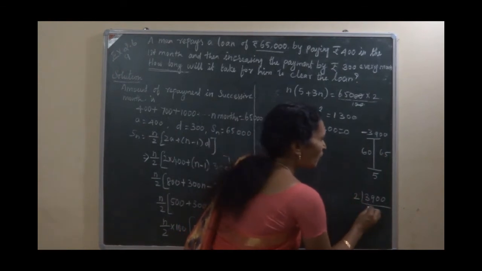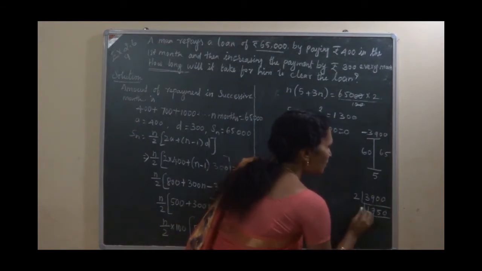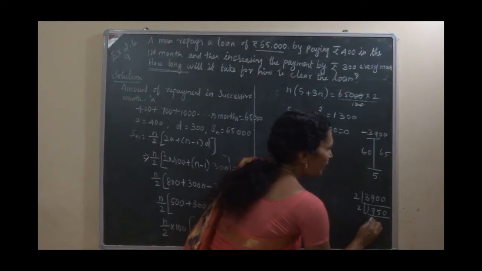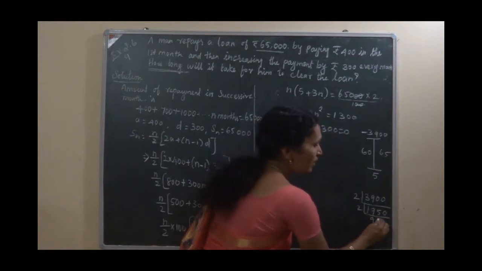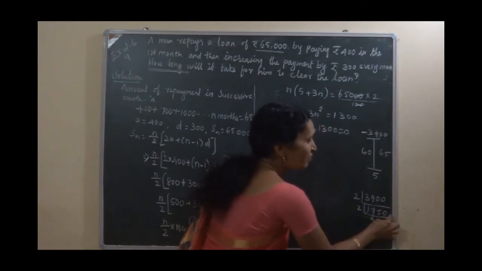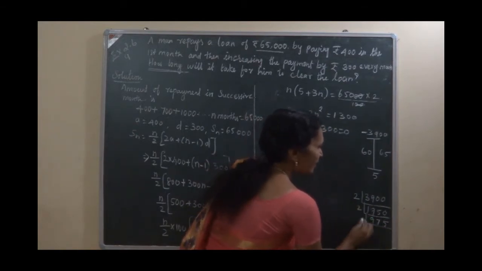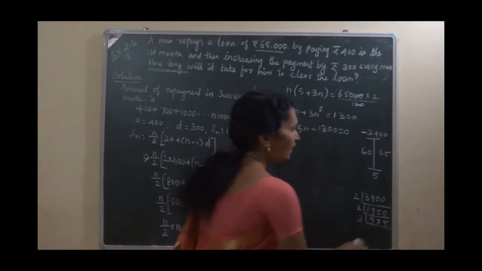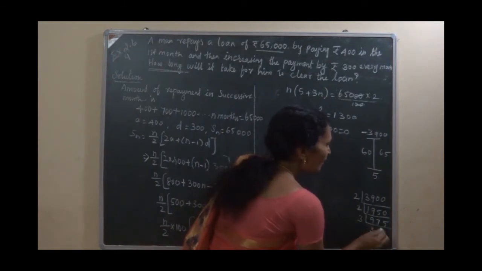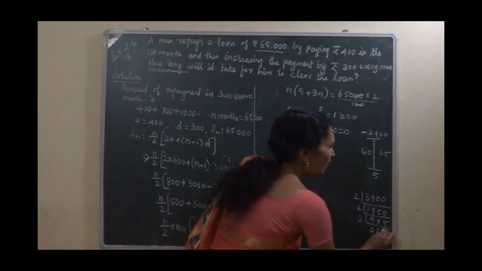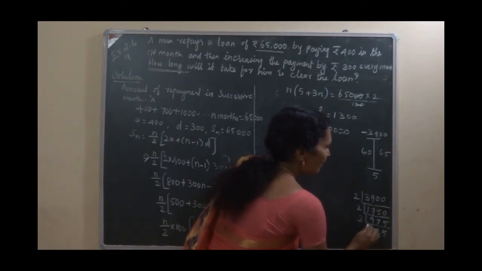Second table, 1 2 is 2, balance 1, 9 2s are 18, balance 1, 5 2s are 10. Again 2: 9 2s are 18, 7 2s are 14, 5 2s are 10. Next 3: 3 3s are 9, 2 3s are 6, 5 3s are 15.